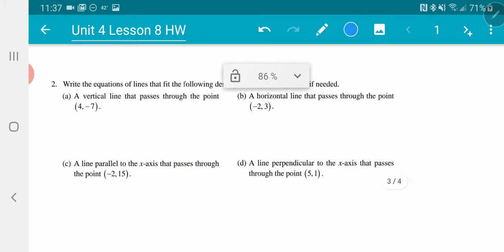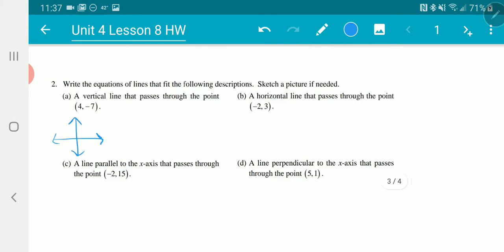It says, write the equation of the lines that fit the following descriptions. Sketch a picture if needed. A vertical line that passes through the point 4, -7. Okay, so if you need a picture, you can go ahead and draw yourself a little graph here. It's not necessary.